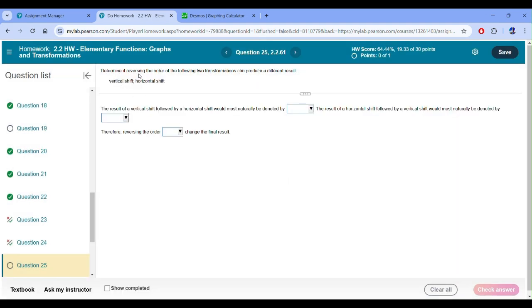Alright, so here, determine if reversing the order of the following operations can produce a different result: a vertical shift and a horizontal shift. The result of a vertical shift and a horizontal shift would most naturally be denoted by H and K. The result of a horizontal shift followed by a vertical shift would be noted by the same.